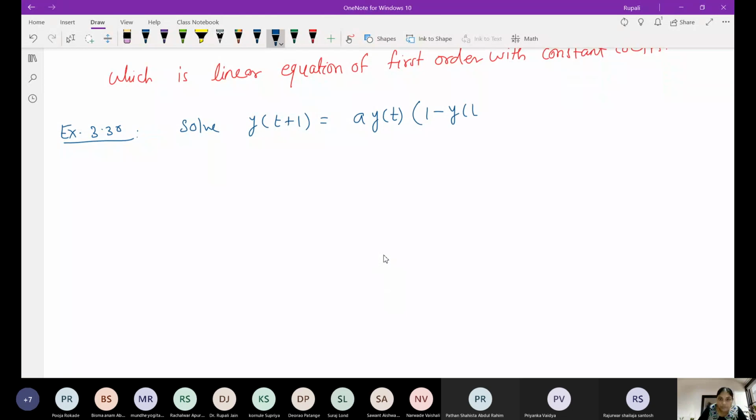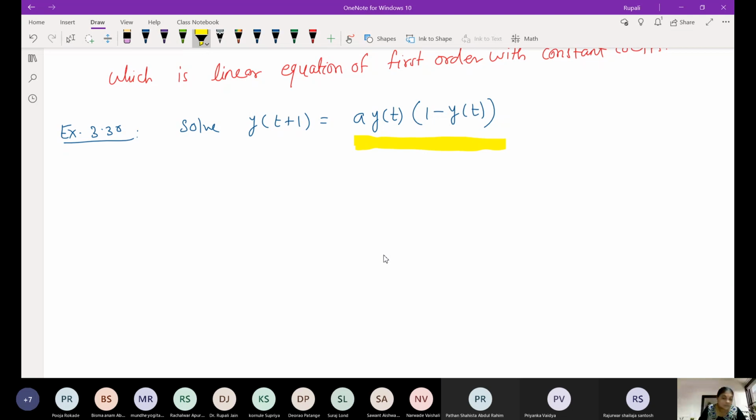You can see y of t times 1 minus y of t. If I simplify this RHS, it is a y of t minus a times y square of t. So this will be non-linear form, right? This is a non-linear difference equation because the dependent variable is in non-linear form, right?